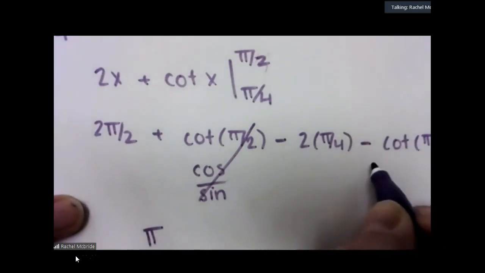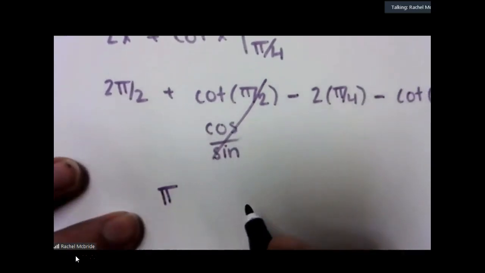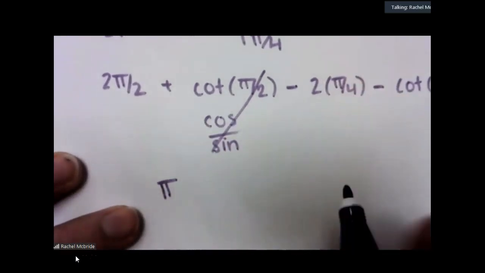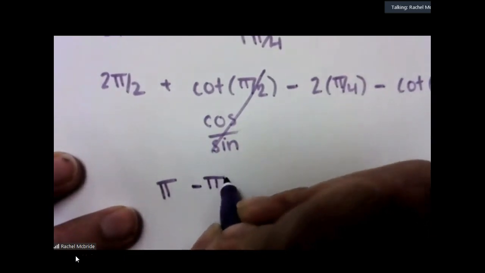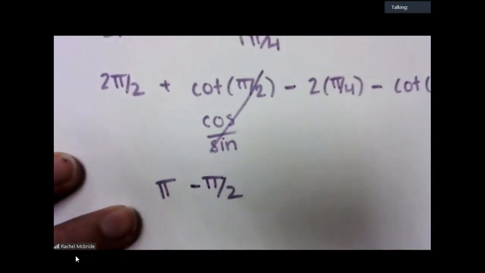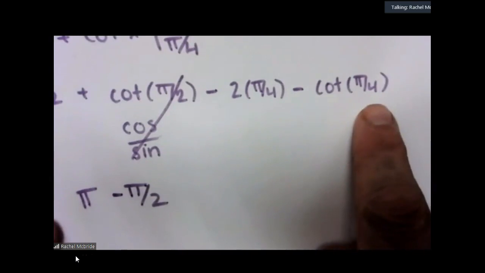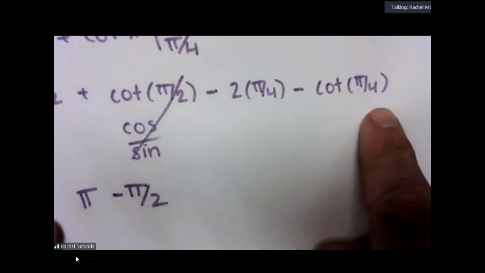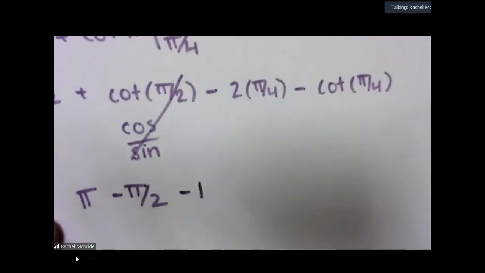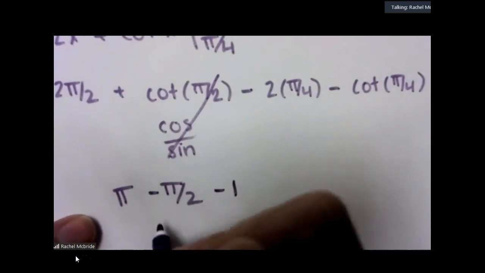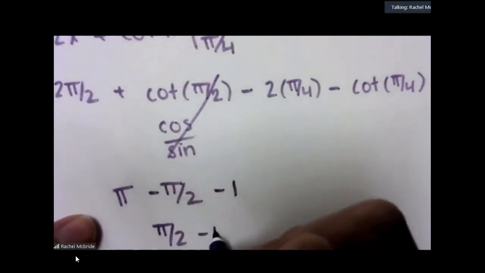You're subtracting from pi a half a pi. And then the cotangent of 5/4. Well, the tangent of 5/4 is 1. Cotangent of 5/4 is also 1. So that's minus 1. So you get pi halves minus 1.